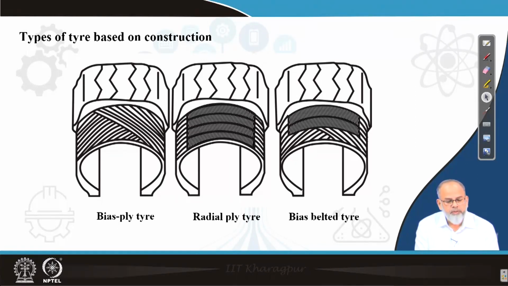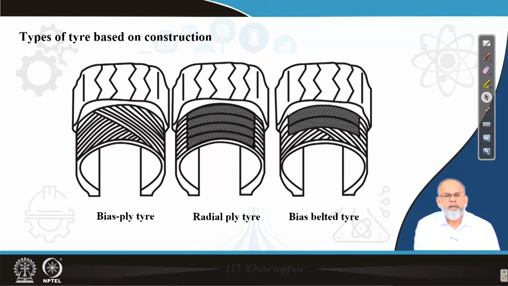Then comes your carcass. This is the most important structural element of a tire. It comprises layers of cords of high modulus of elasticity materials, and they are anchored around beads which are made up of very high strength material, steel wires.